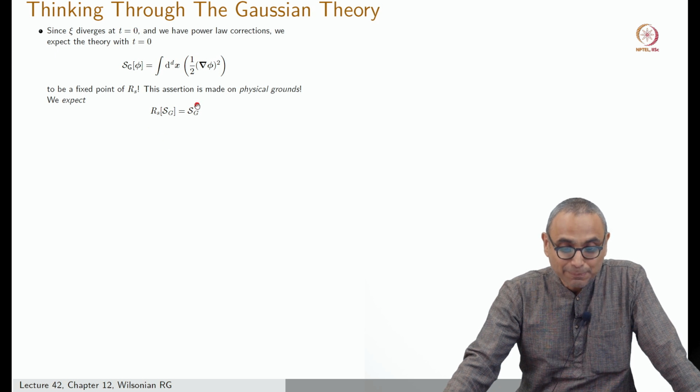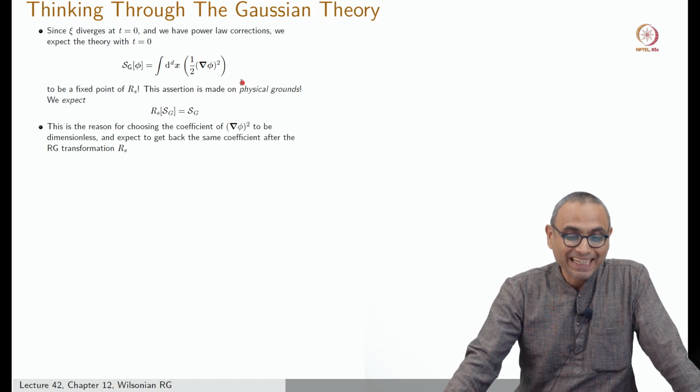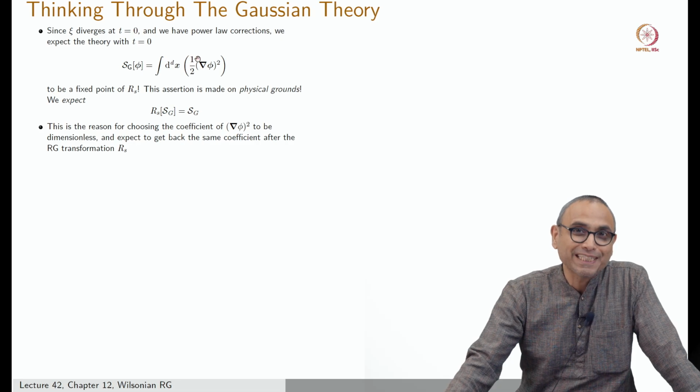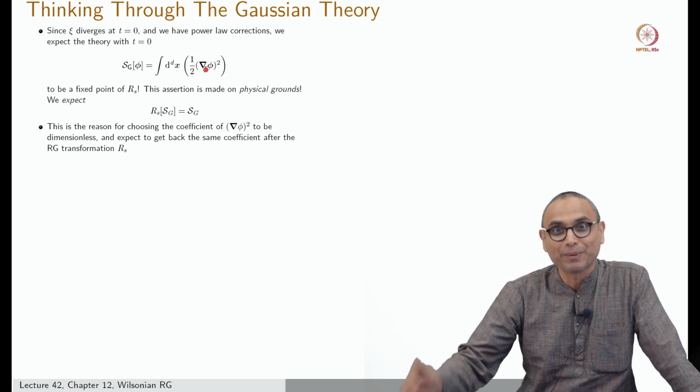And so we expect R_s of S_G, this S_G theory being the theory with Tp equal to 0, to return itself. And the reason for choosing the coefficient of this (del phi) whole square term to be dimensionless is anticipating that this is going to be a scale invariant theory.